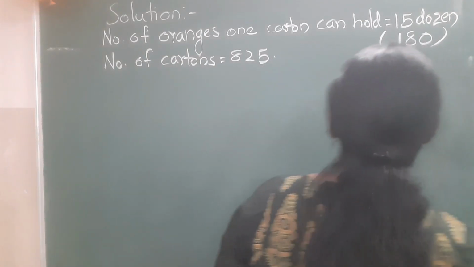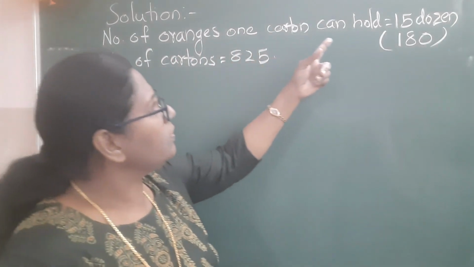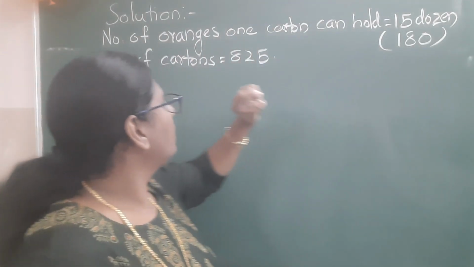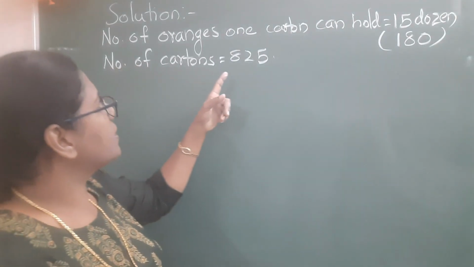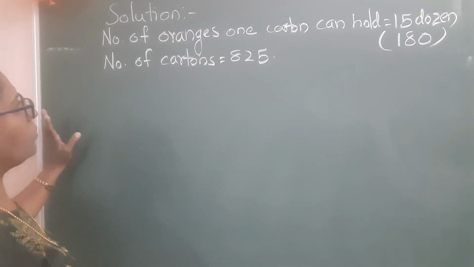Now let's continue. So number of oranges in one carton is 180. Then how many oranges can be packed in 825 cartons?